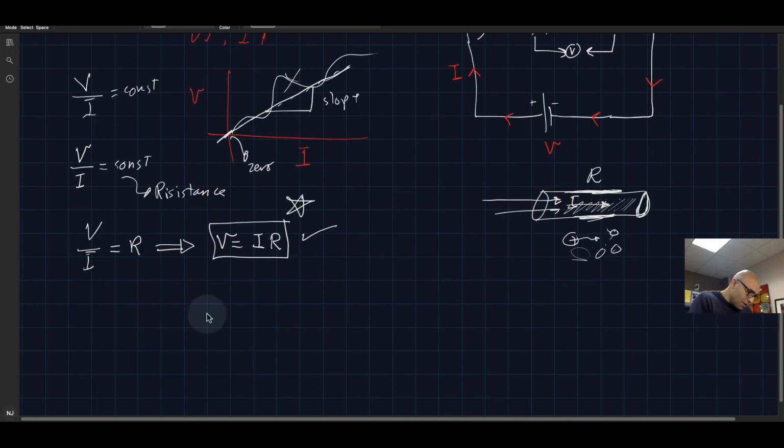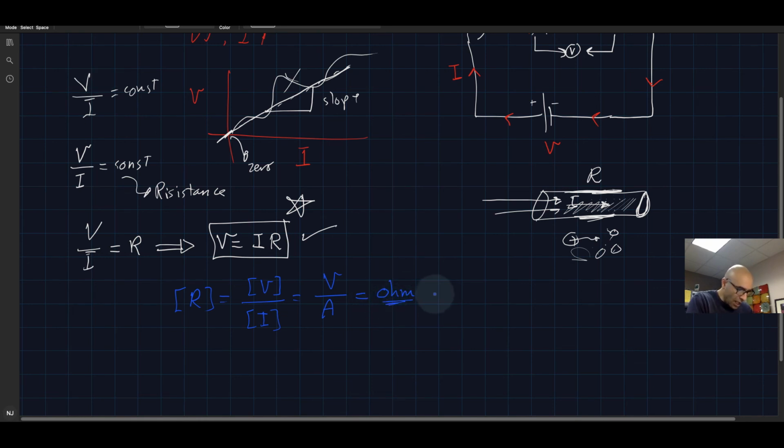Now to find the resistance unit, so I'm going to say R, the resistance unit, is equal to the unit of the voltage difference divided by the unit of the current. And we learned that the unit of the voltage difference is V, and the unit of the current is amps. So the unit of R, the resistance itself, is V over amps, but in honor of Ohm, who studied this concept, we're going to call it Ohm.